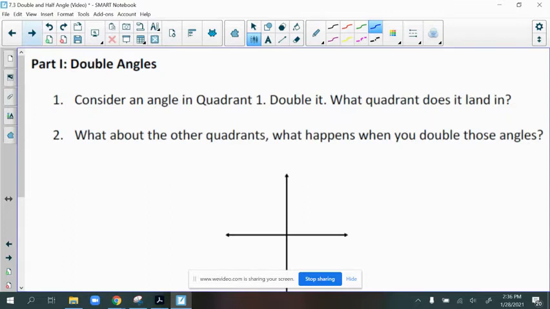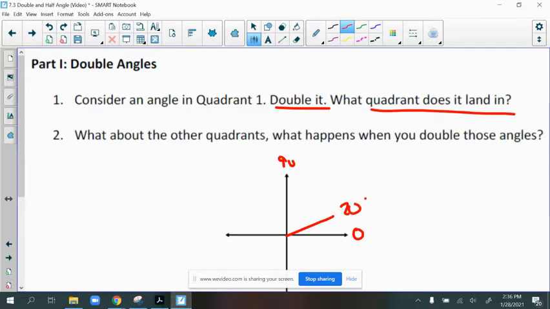If I were to pick an angle in quadrant 1 and double it, where would it land? I'm going to go back to degrees. If you have something between 0 and 90, where would it fall? Let's say I picked 20 degrees, which would be about here.